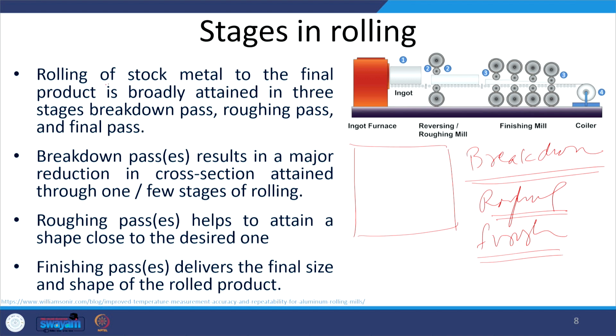So, rolling of the stock to the final product is broadly achieved through 3 stages: the breakdown pass, roughening pass and the final or finishing pass.